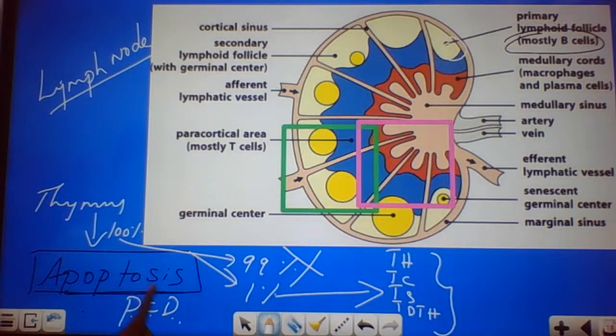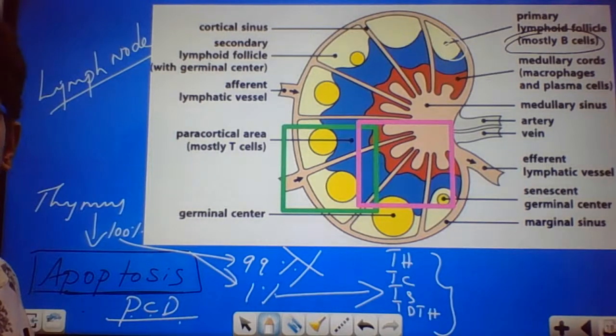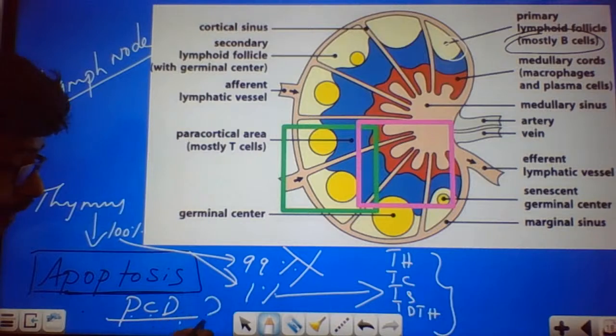This programmed cell death, which occurs in the thymus, where out of 100 percent, 99 percent is getting killed in the thymus itself. We are still not sure why exactly programmed cell death happens in the thymus; many people find it difficult to discover, a big question mark.